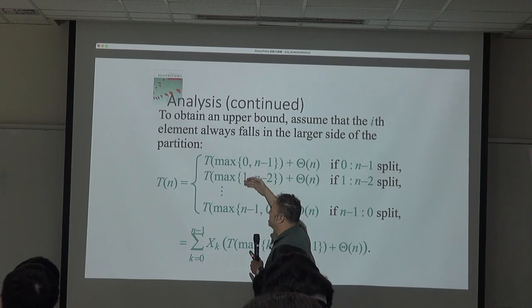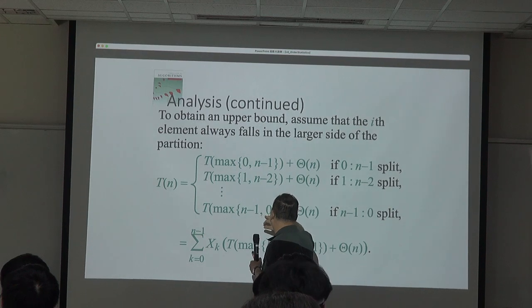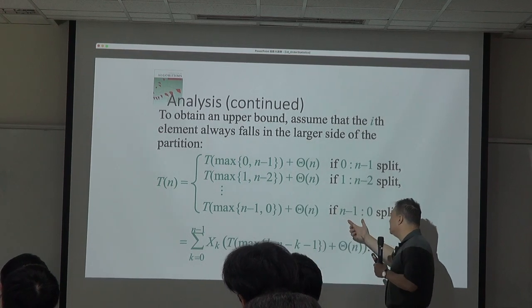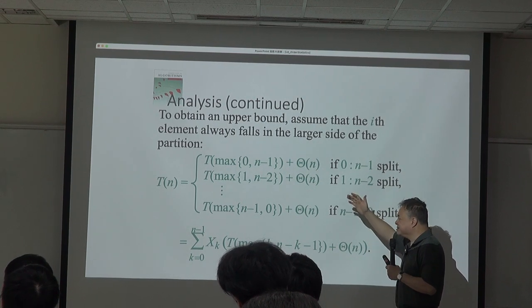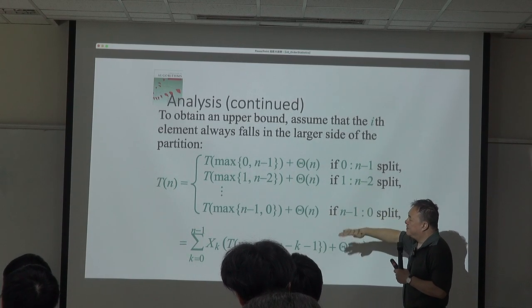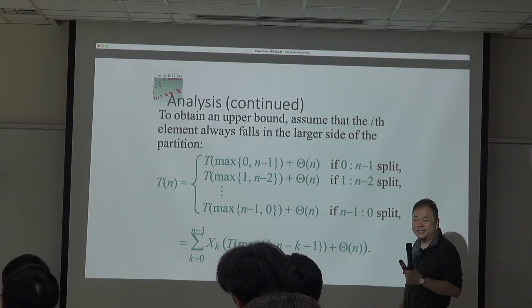So there are all these possible cases, right? T max of n minus 1, 0 plus theta n, if the split is n minus 1, 0. And we assume all these are equally likely.